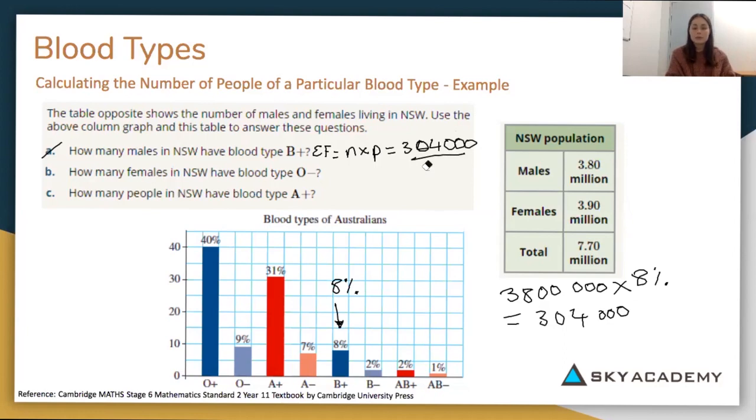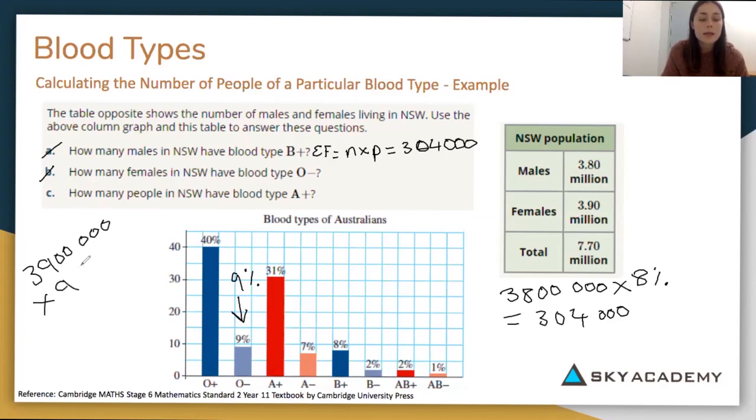Now let's have a look at question B. How many females in New South Wales have blood type O negative? If we have a look at our column graph again, we need to find O negative, and O negative is located here with 9%. If we multiply the females in New South Wales, which is 3.9 million, by 9%, it will give us the expected frequency, or how many females in New South Wales will have blood type O negative.